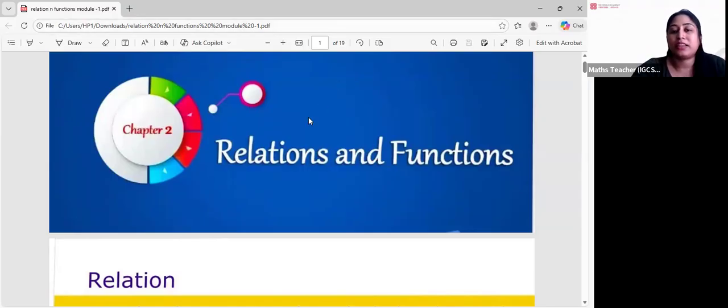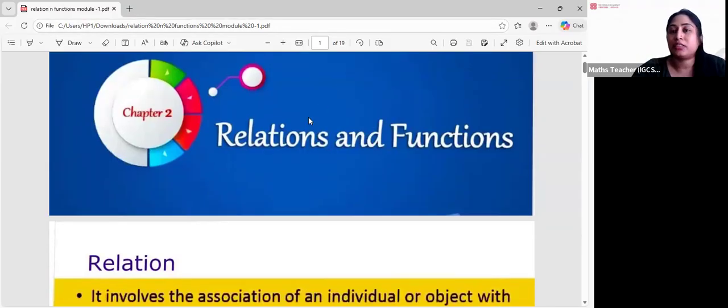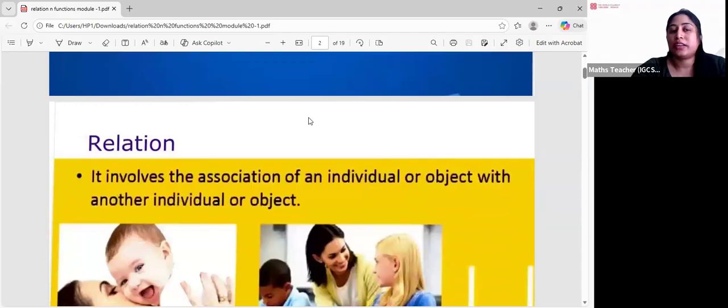As the name suggests, a relation is nothing but a connection or an association we have with another person or an object, correct? That is called a relation. Generally, it is the association of an individual or object with another individual or object. So we have a relation with a neighbor, a relation with the mother. It is a connection or association.